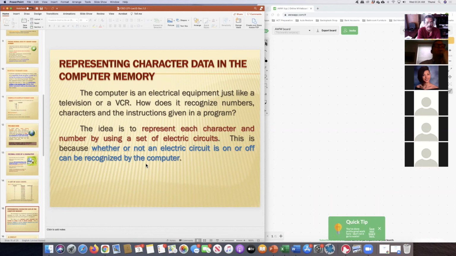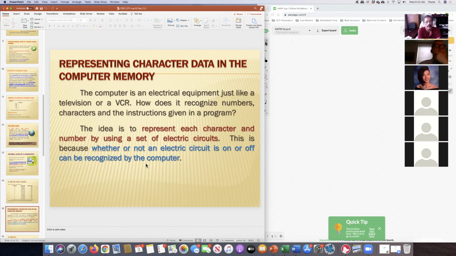So what they had decided to do was arrange a whole bunch of circuits and turn them on and off in a pattern. Then the machine can see the pattern of the circuits having power and not power. So some circuits have power, some circuits don't have power. The machine can recognize which circuits have the power.